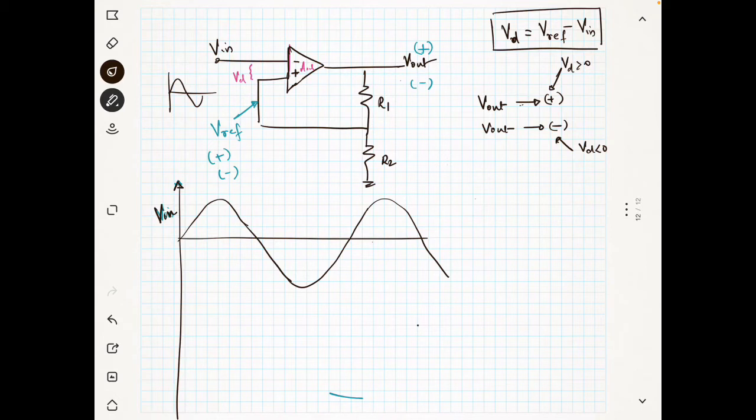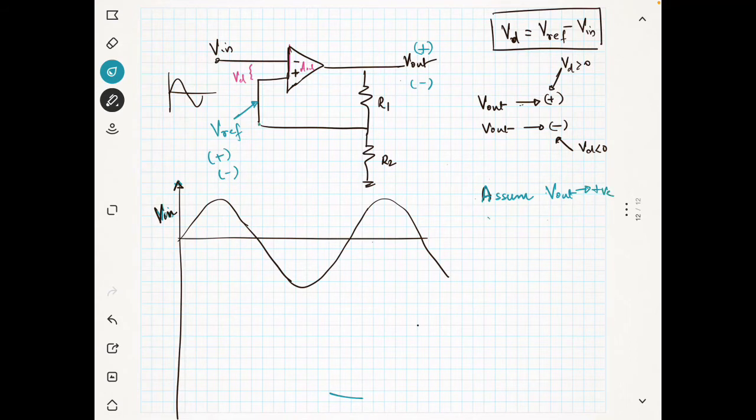Now what will happen? We have only two conditions, so I will take any one of the conditions and proceed. Assume that your V out was positive. That means it was greater than 0, or you can say it is positive. So if V out is positive, what will be V reference?